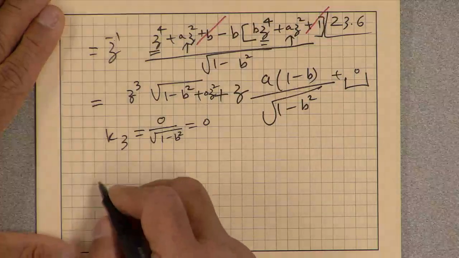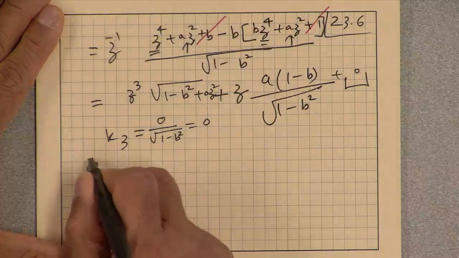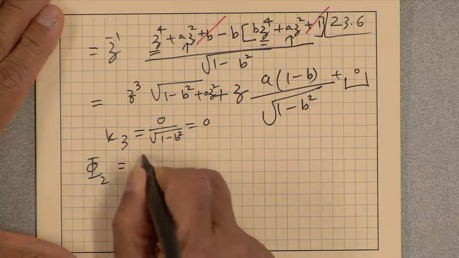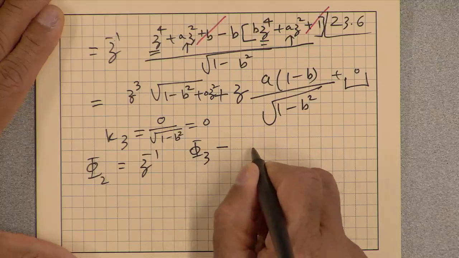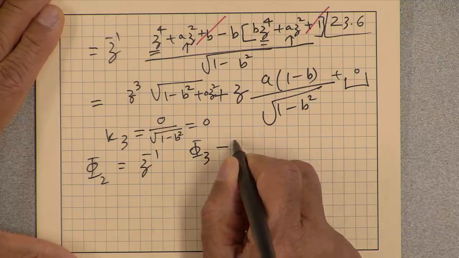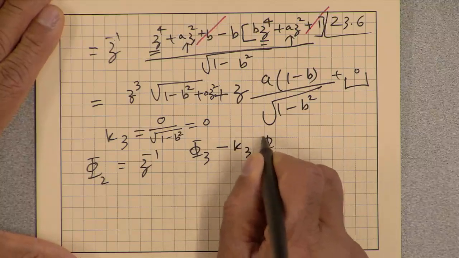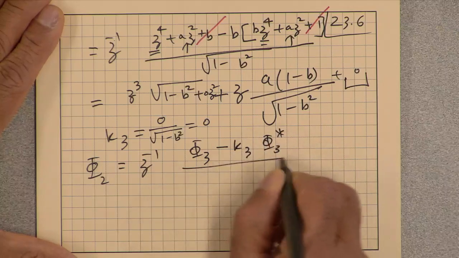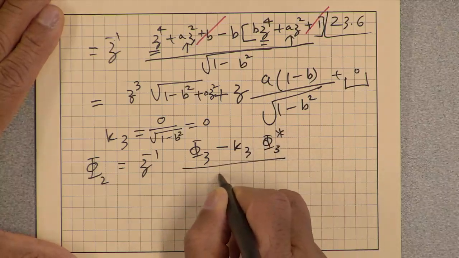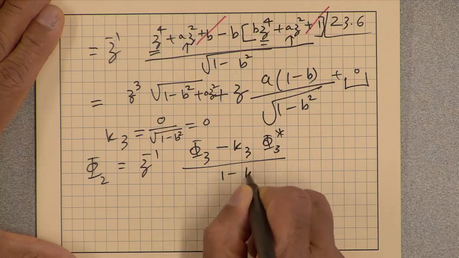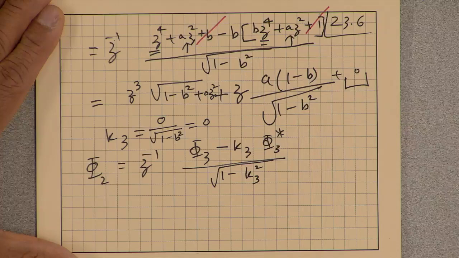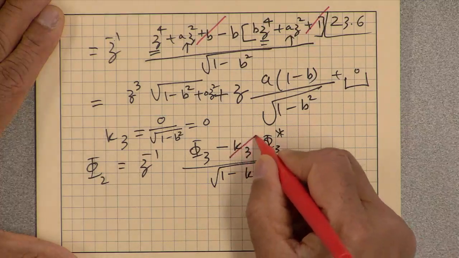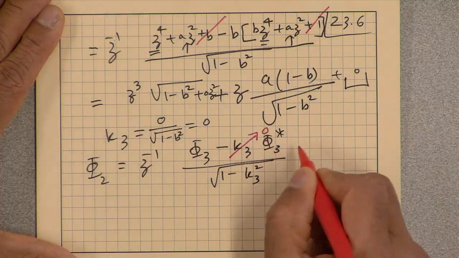Okay, so if k3 is 0, then I can compute phi 2, which is z to power minus 1 times phi 3 minus k3 phi 3 star by square root of 1 minus k3 squared. Okay, so k3 is 0, so that whole thing disappears.